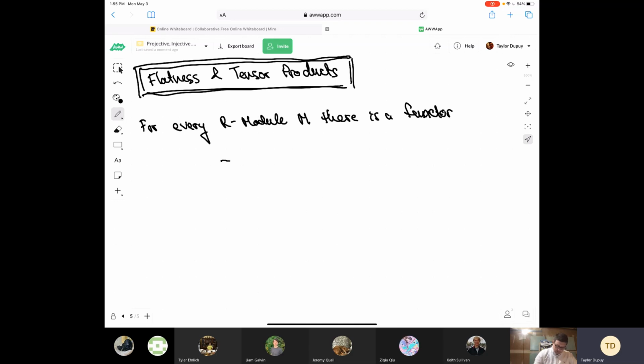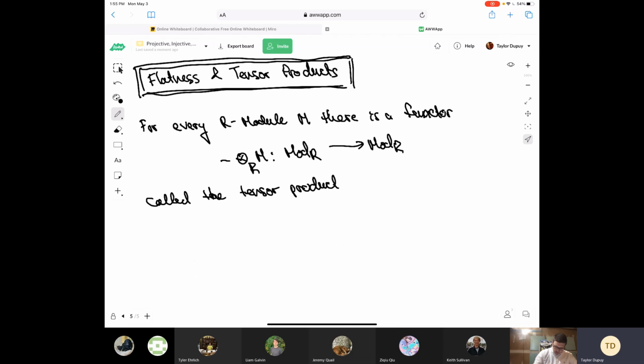Here, I'm going to write it like this, tensor over R with M. So this goes from the category of R modules to the category of R modules, called the tensor product with M. Okay? So this is a functor.